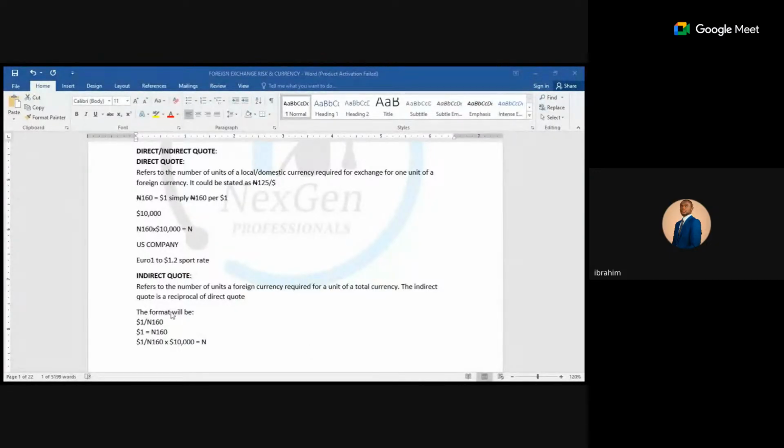That means it is an indirect quote, because first, the company itself is a Nigerian company, and look at the spot rate, $1 to 160. We are using a Nigerian company for the illustration, and this is an example of an indirect quote.